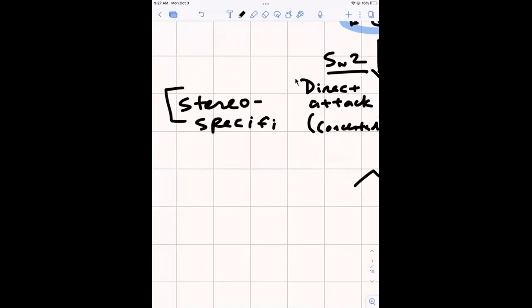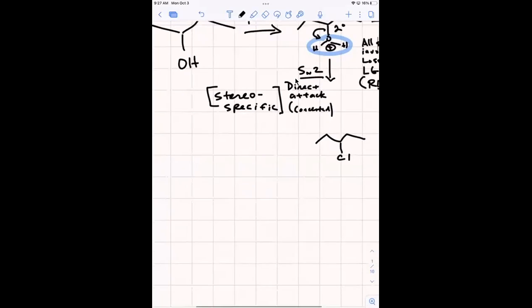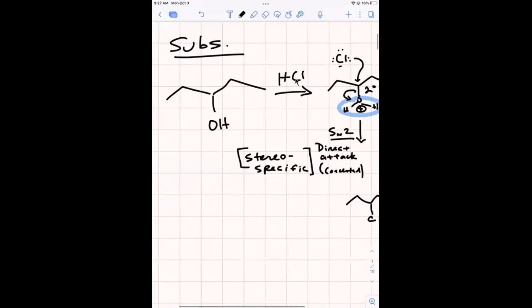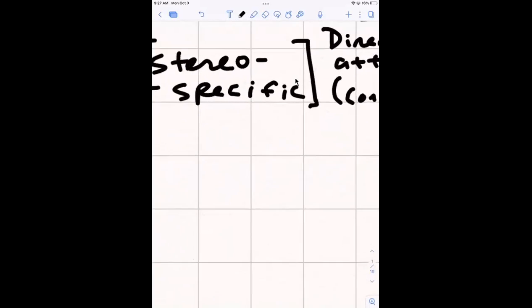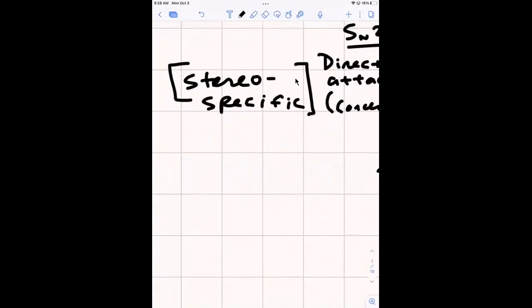Anybody remember what I mean by that? Remember we talked about the inversion of stereochemistry. So if it's direct attack, you're going to get, and this is not a chiral center, by the way, so I'm just bringing that up, but it doesn't apply to this example.